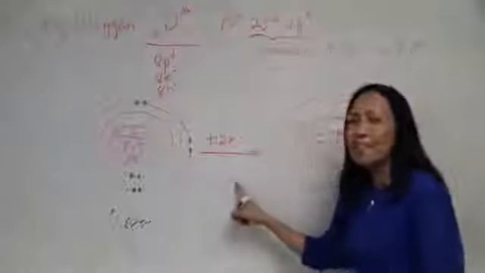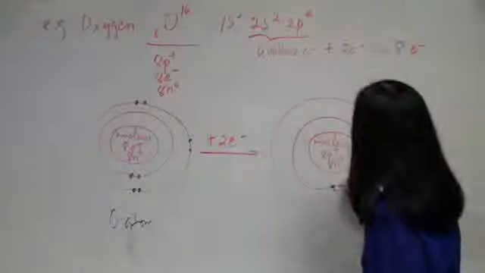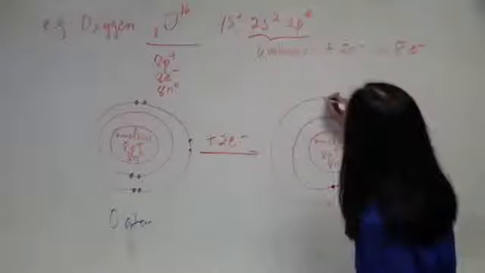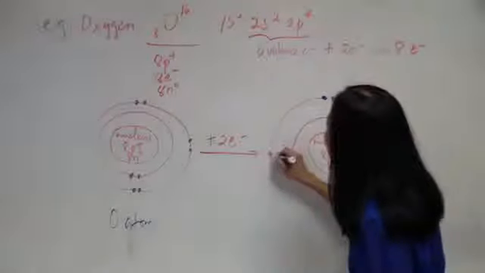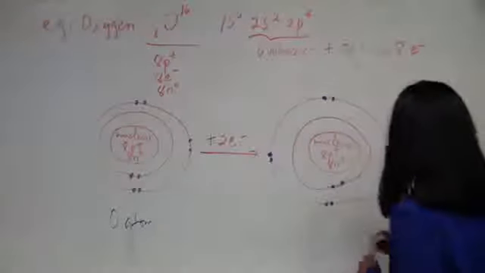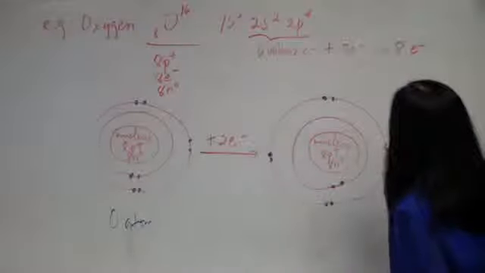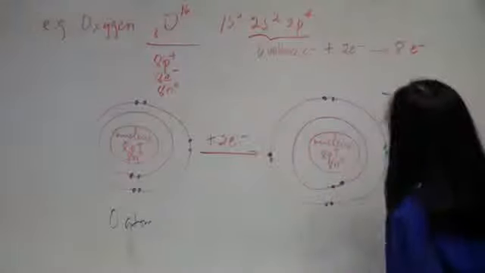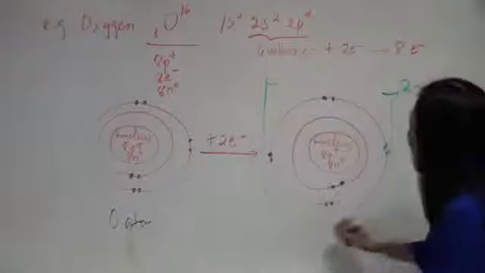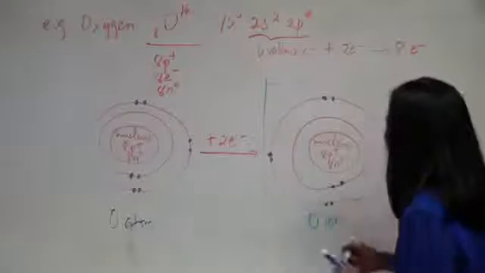So if it gains the 2 electrons to become stable, then you still have your 2 electrons, but now notice it will have 8 electrons in the second shell, right? Let us put a different color here. And so you will now write it this way. It has a charge of 2 minus. This is your oxygen ion, right?